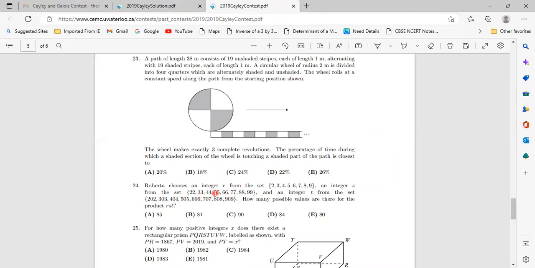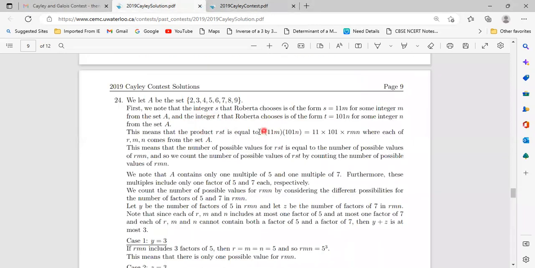Like 22, 33, 44. So which is why they are mentioning that as 11m. And if you notice the set T, it looks like 101n. Okay, I hope this part is clear.